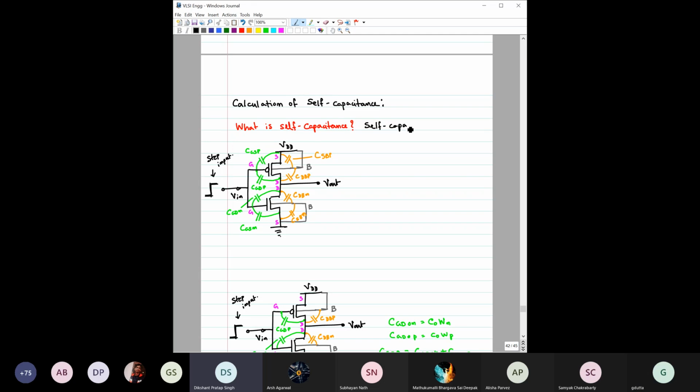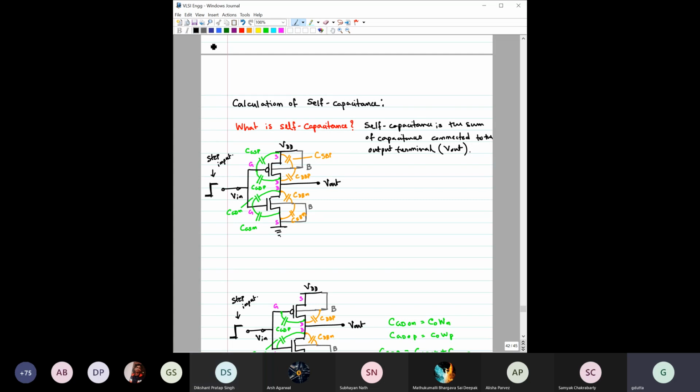Let me write that here as well. Self capacitance is the sum of capacitances connected to the output terminal, that is connected with this V out.